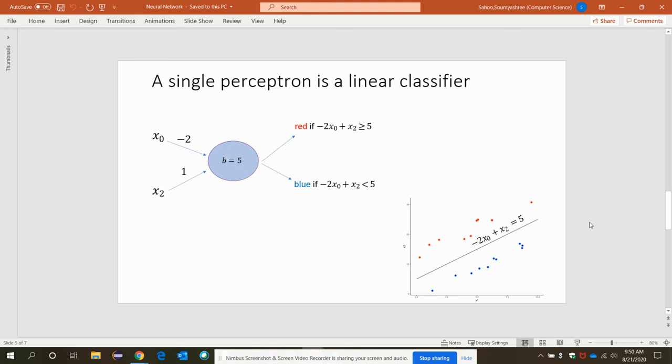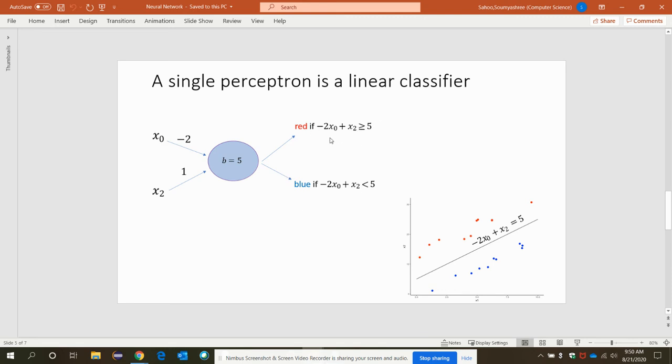Next, this is a single perceptron and it is a linear classifier. A perceptron is usually used to classify the data into two parts, so it is called a linear or binary classifier. In this picture, as you see, the output red or blue depends on the bias value of 5.